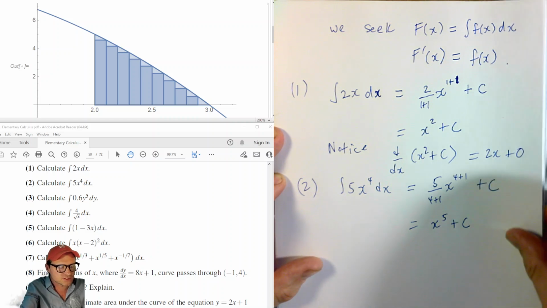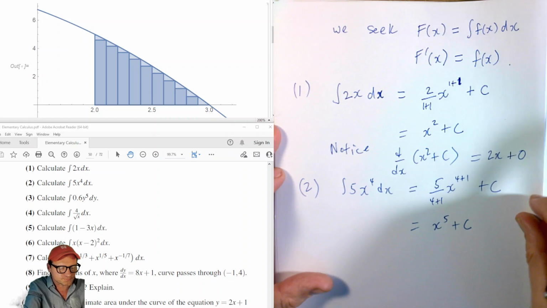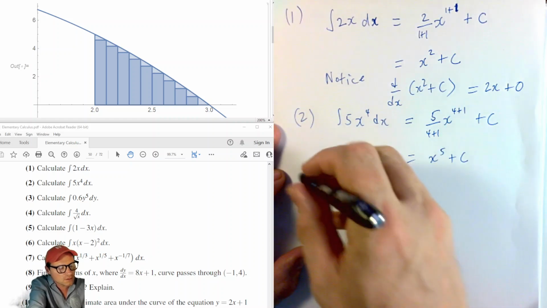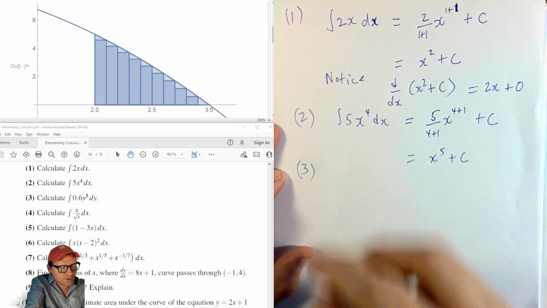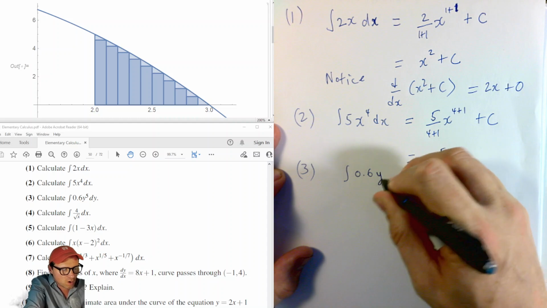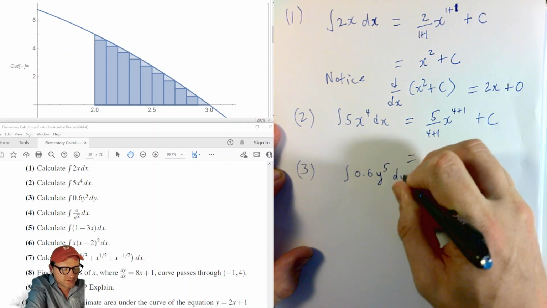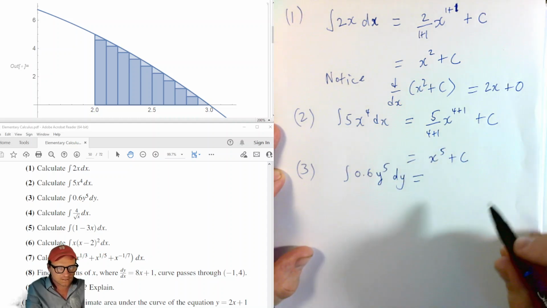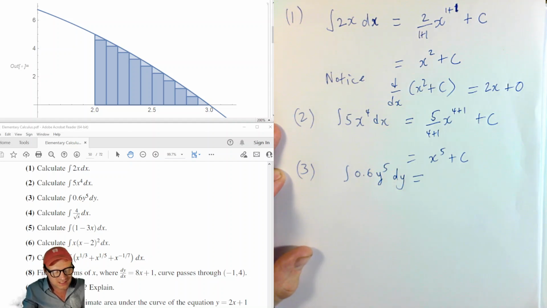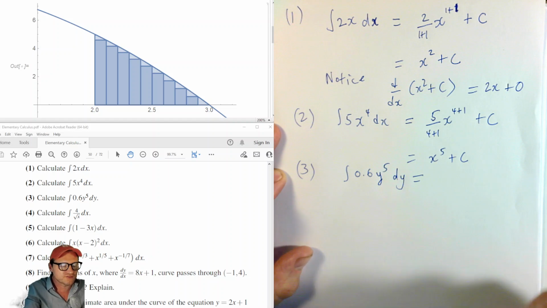Okay, let's move on to question 3, where we're asked to calculate the integral of 0.6 y to the power of 5 with respect to y. Now 0.6 is 6/10, which reduces to 3/5.